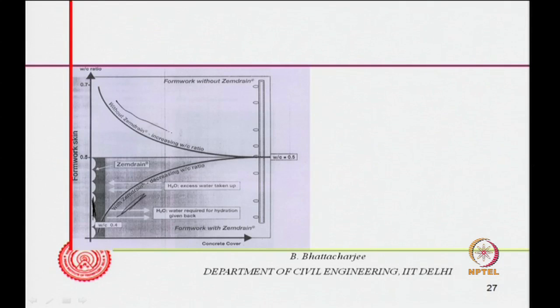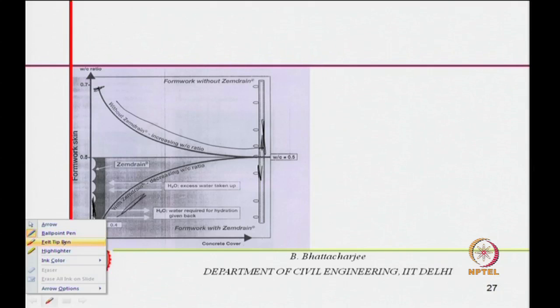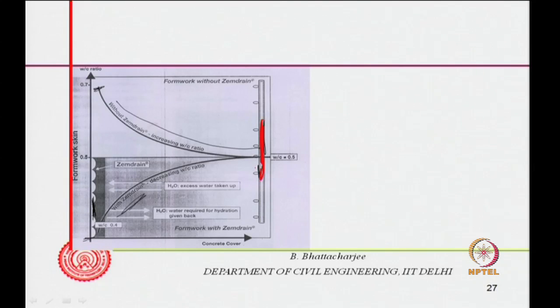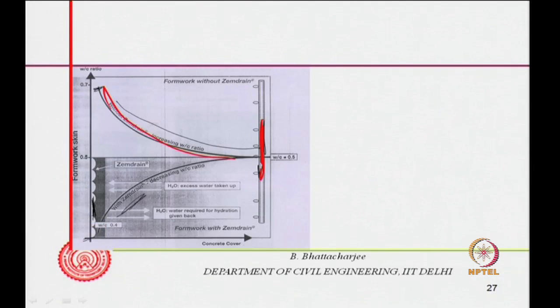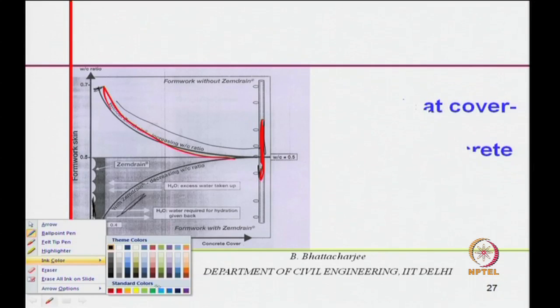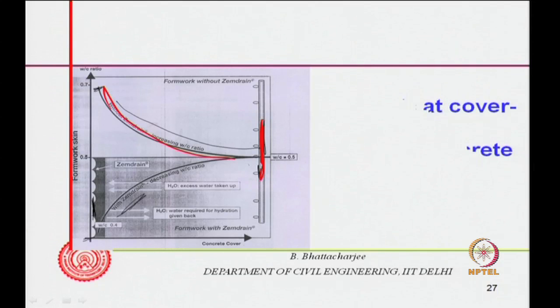If your original water cement ratio was somewhere around 0.7 without the liner, with the liner it might go even to 0.4, where here it is 0.5. This is a reinforcement bar. Without the liner the water cement ratio varies like this, and with the liner it can vary like this.